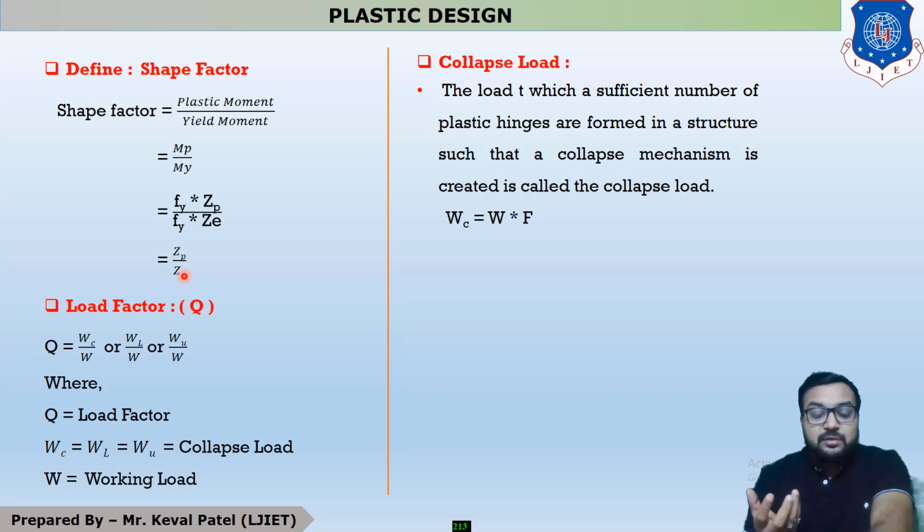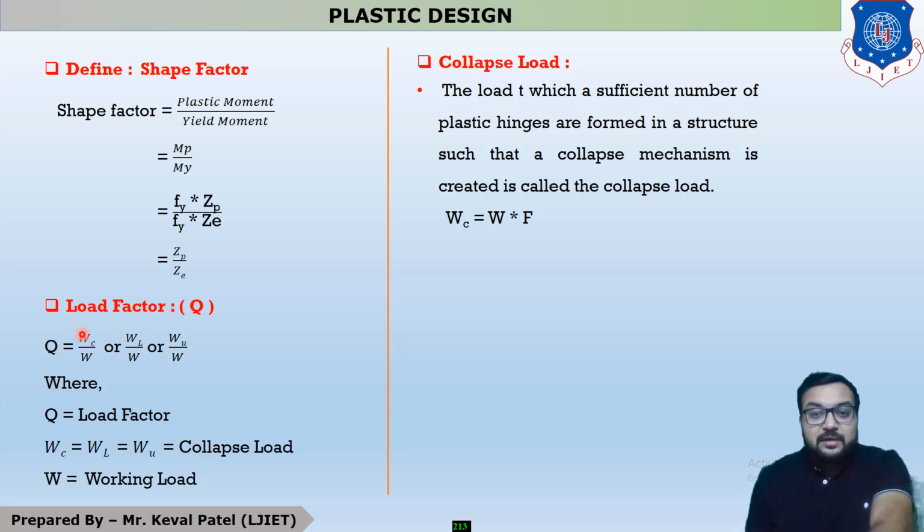Now we are moving further to your second definition, which is load factor. Okay, load factor is also called as the factor of safety. Okay, now the equation of factor of safety or equation of load factor is like this.